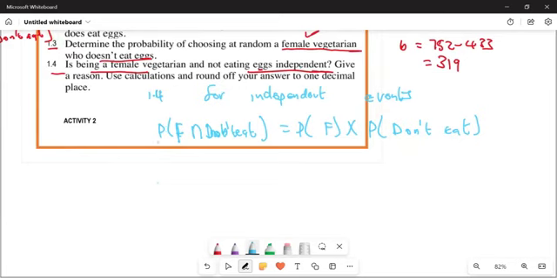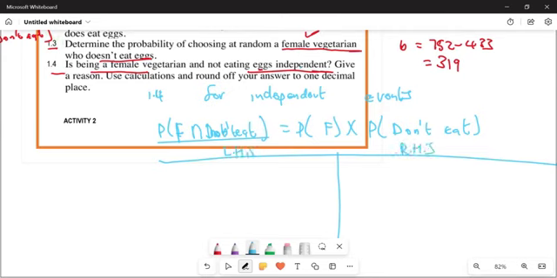Okay, the probability of being a female and then do not eat eggs. So we're going to say left hand side and the right hand side again. Left hand side, right hand side.